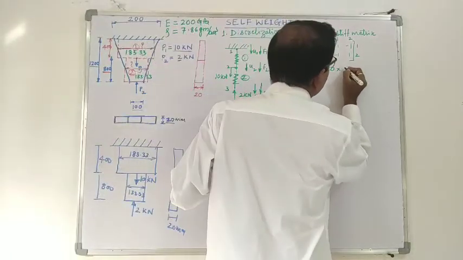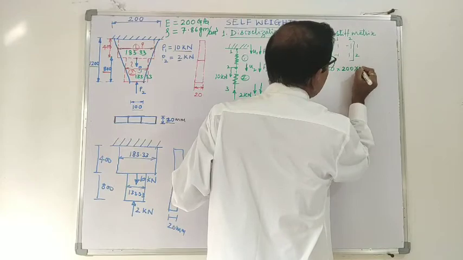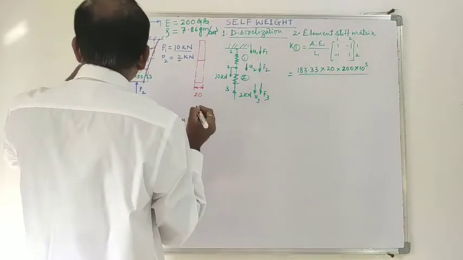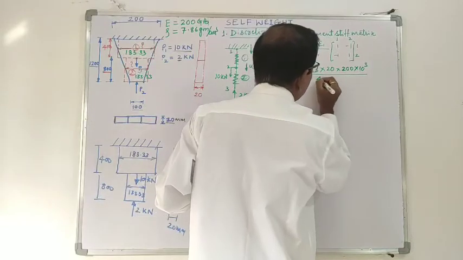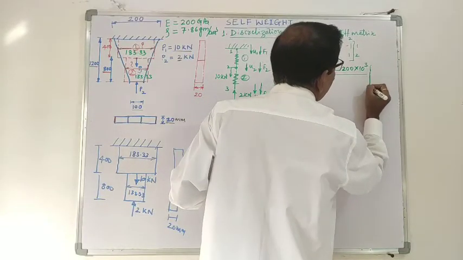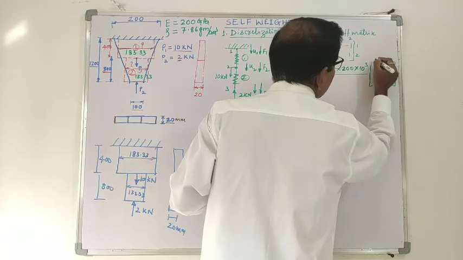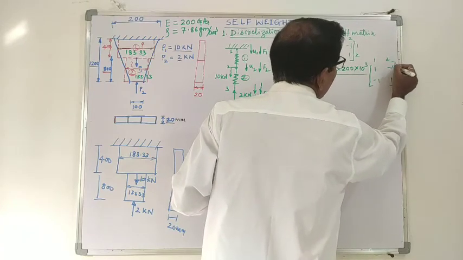So here 200 into 10 to the power 3 divided by L1. L1 is 400. 1 minus 1 minus 1 1. This is for node number 1 2 1 2.